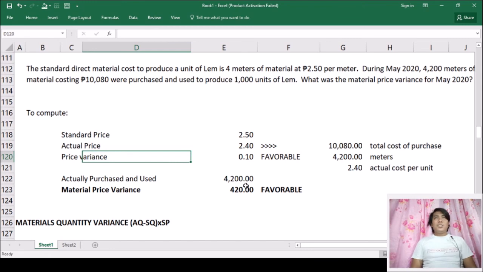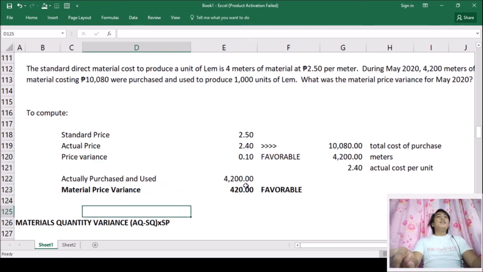You can use the actual quantity used if the problem says to use the actual quantity used. Take note, if the problem clearly instructs you to use the actual quantity used. If the problem is silent, let's use the actual quantity purchased.